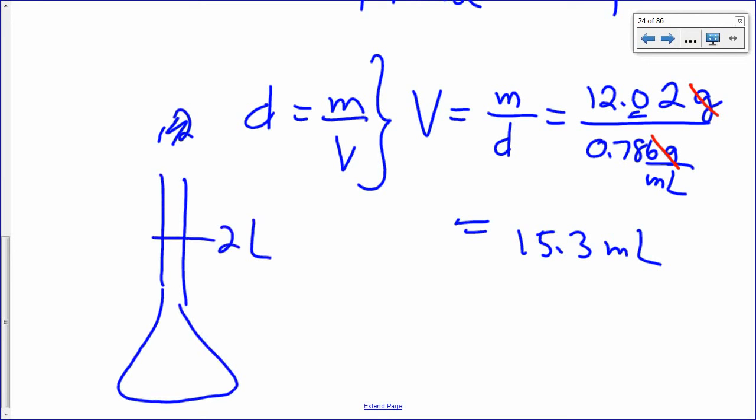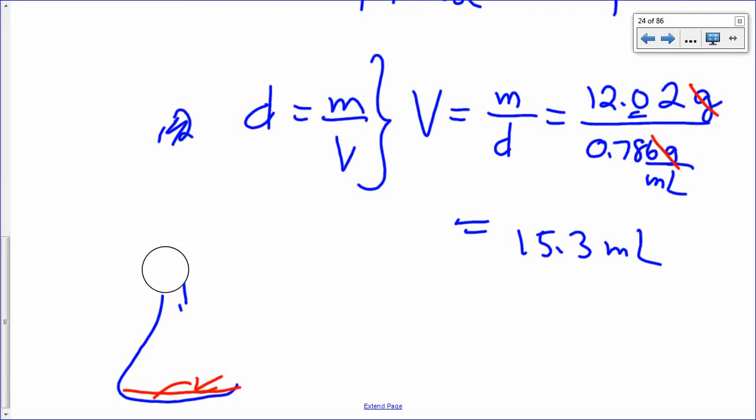So that's a 2-liter mark right there. I am first going to dispense 15.3 mL of, that would be pure. Sorry, not there yet. That would be pure, so this is pure.